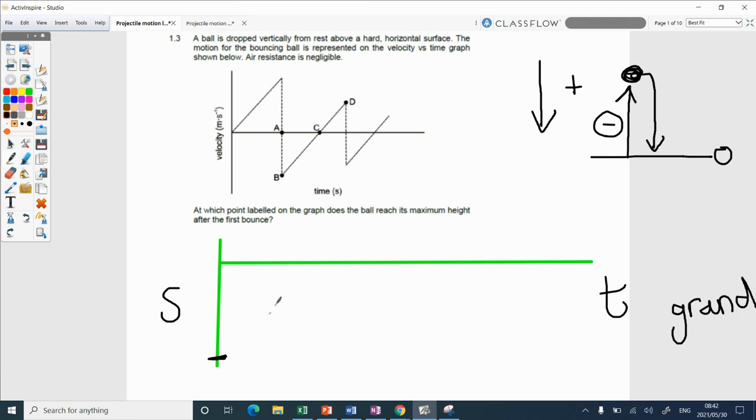All right, so it starts there. Then, do the crosses first. Forget about the lines. Just look at what it does at this point here. It hits the ground, so it's going to be on the ground.